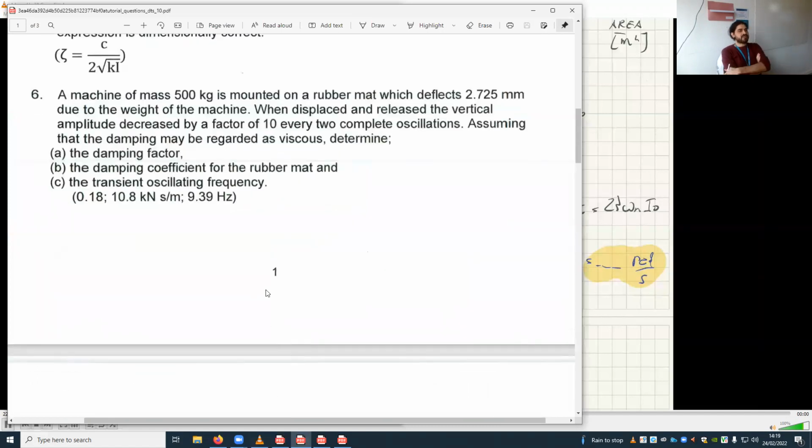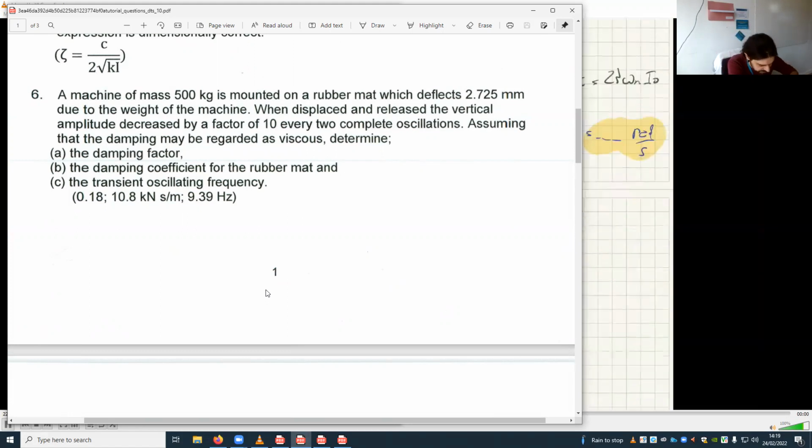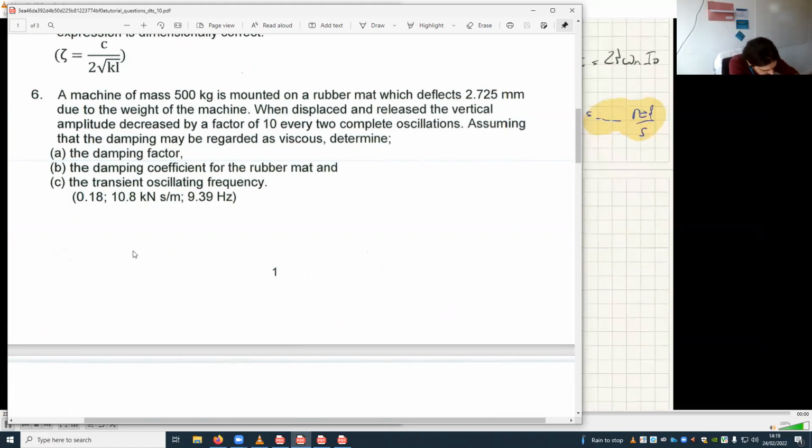A machine of mass 500 kilograms is mounted on a rubber mat which deflects. Let me copy all this data in. This is question 6. So we have a machine of mass m, 500 kilograms, mounted on a rubber mat which deflects, let's call this x0, 2.725 millimeters due to the pure weight of the machine.